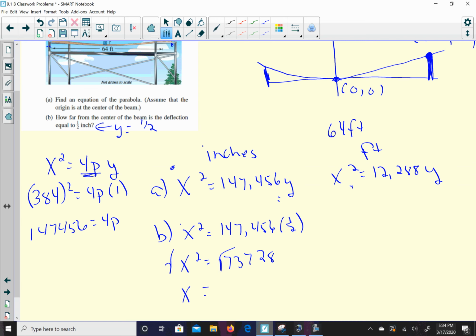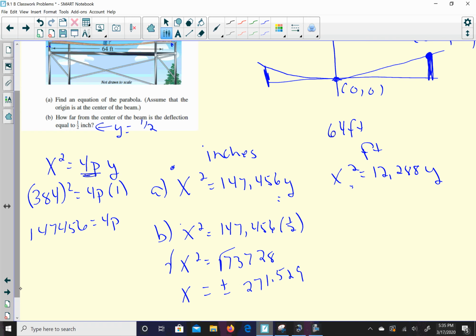I'm going to get x is equal to, technically, plus or minus, and I'm going to explain to you why that makes sense in a second. And when I take the square root, I'm probably going to get a decimal. I do, and I get 271.529. And you're going to say, well, wait, Mrs. Ward, that's more than the 64.